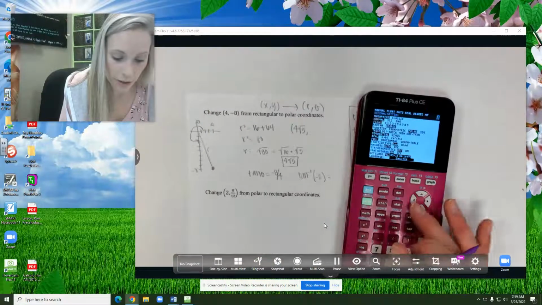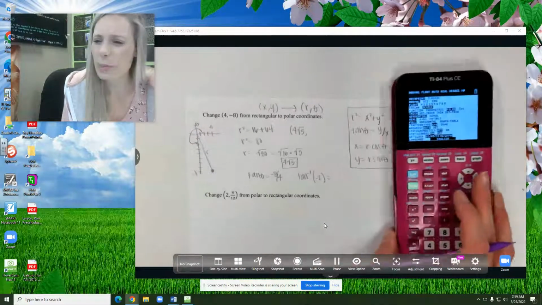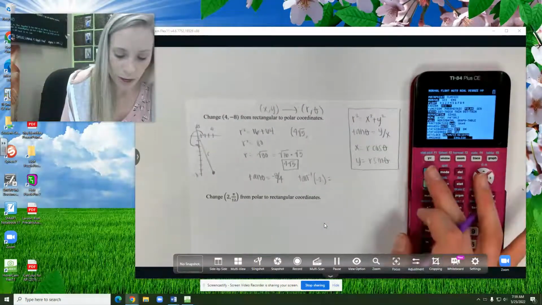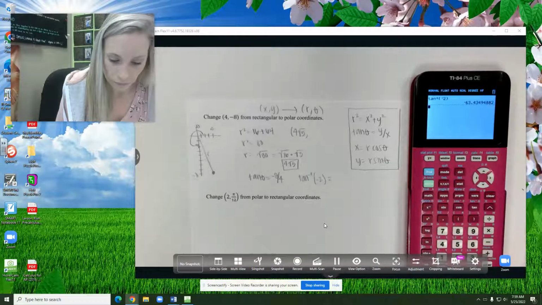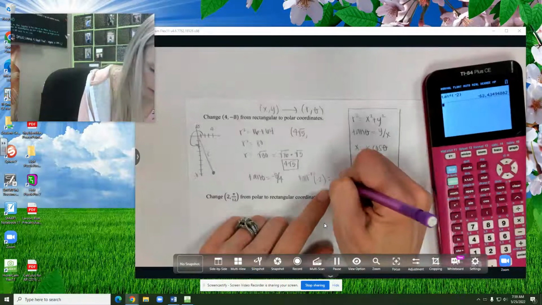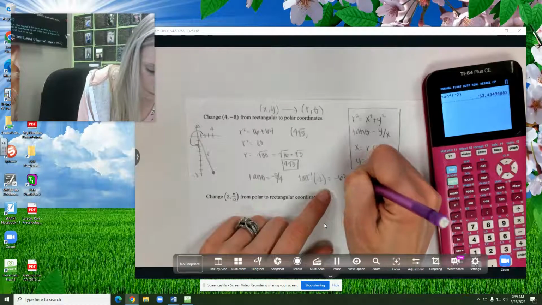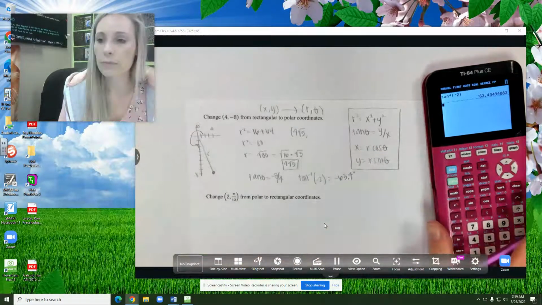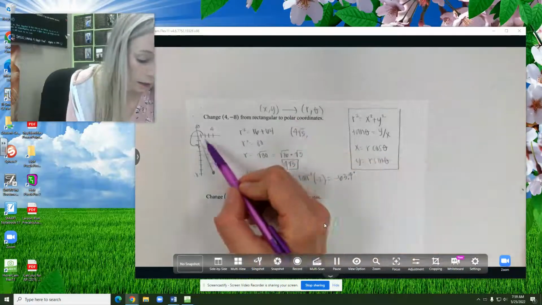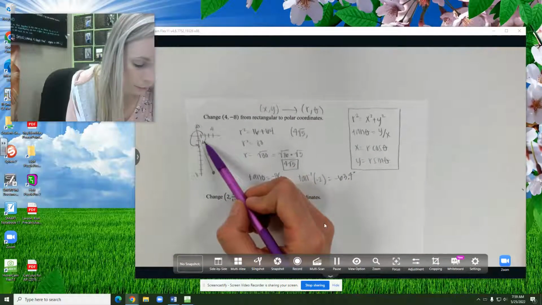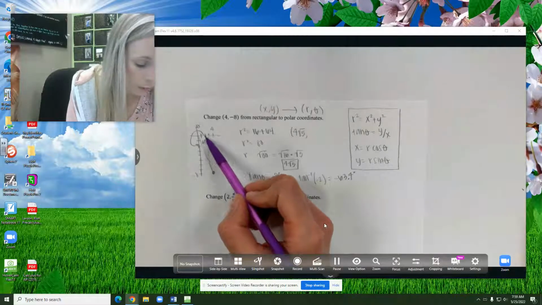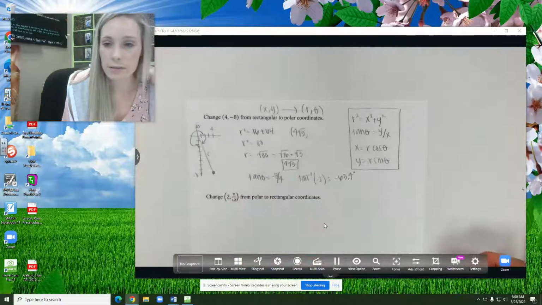I'm going to make sure my calculator is in degree mode because degrees are just a little bit easier to reason through. So I'm going to do inverse tangent of -2. And I get -63.4 degrees. That's this angle here. So that angle is -63.4 degrees, but I want to go all the way back around.